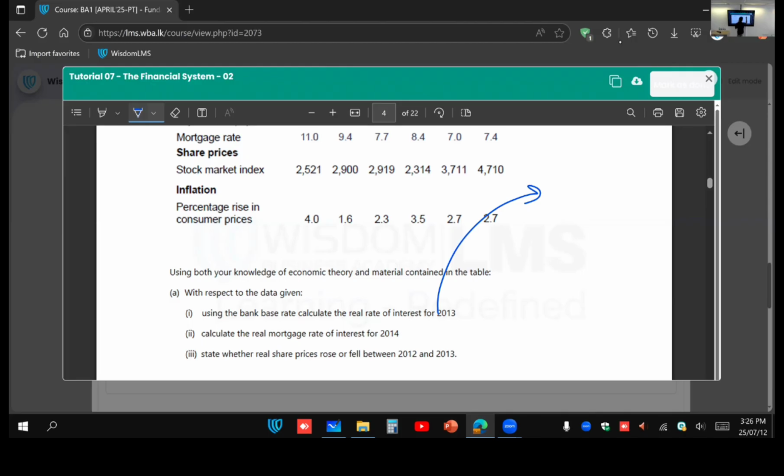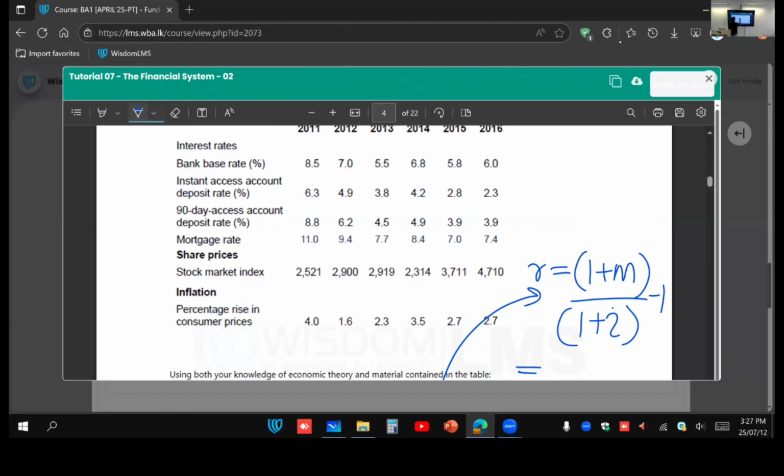The formula is 1 plus r is equal to 1 plus m divided by 1 plus i. So it's 5.5 and 2.3, the inflation rate.